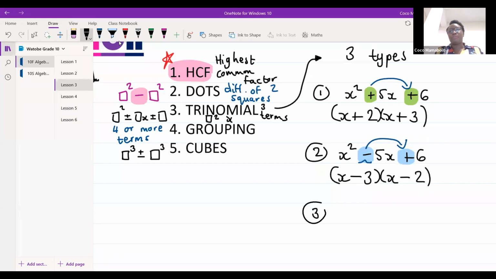Now the third one is easy because all I do is I go x squared, let's go plus 7x minus, let me see. Okay, let's say plus 6x minus 7. Let's do it the other way around. Let's see if it will work.